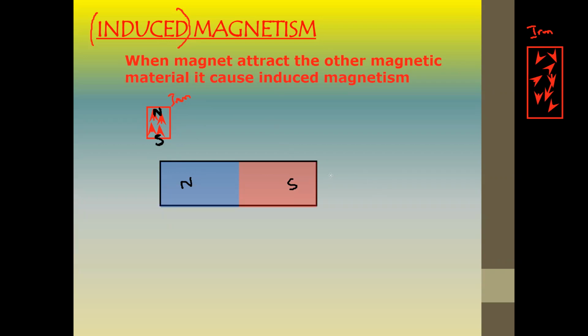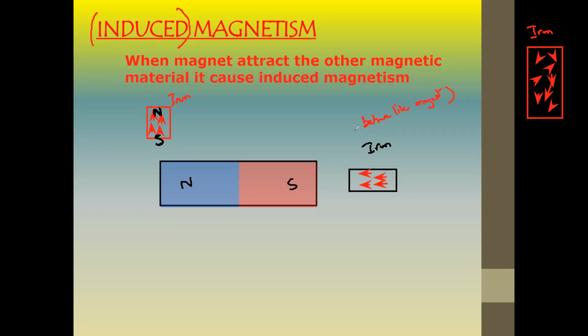Same thing, if we bring a piece of iron, originally the iron domains are not aligned, but when we bring it inside a magnetic field, these domains will be aligned, these domains will be arranged. So when the domains are arranged due to the magnetic field, this iron will also behave like a magnet.